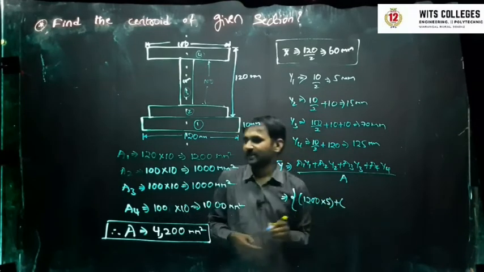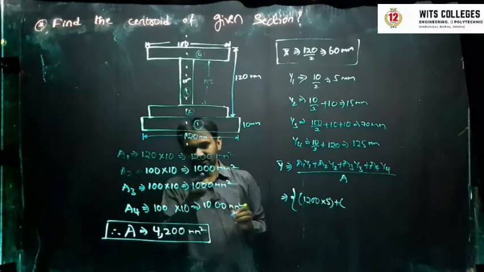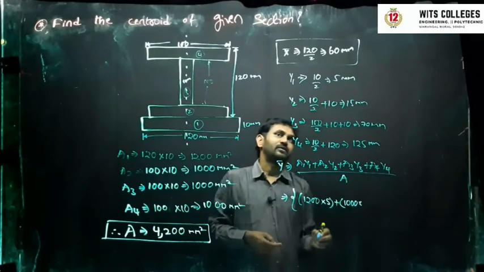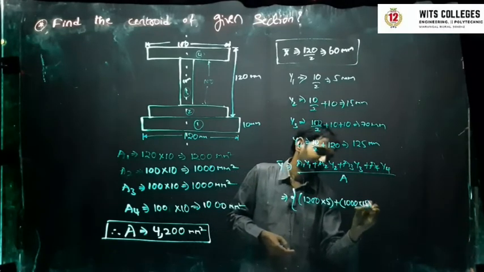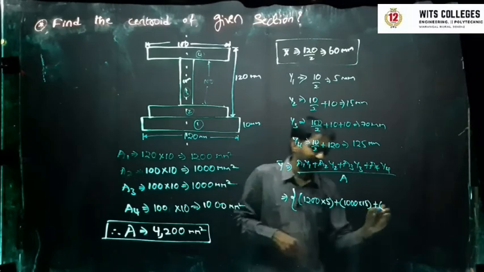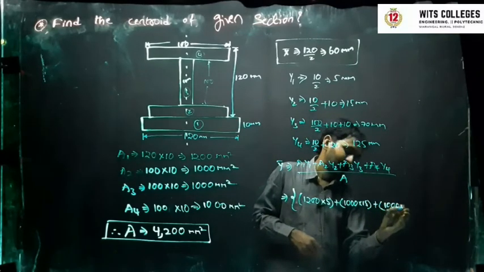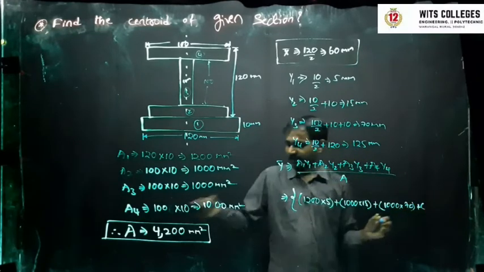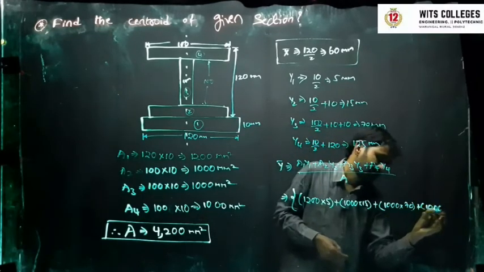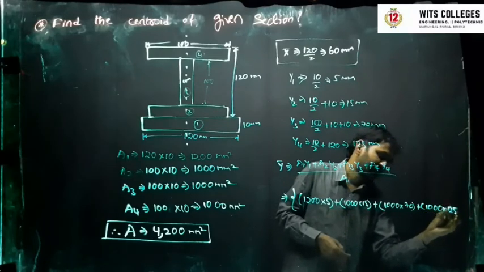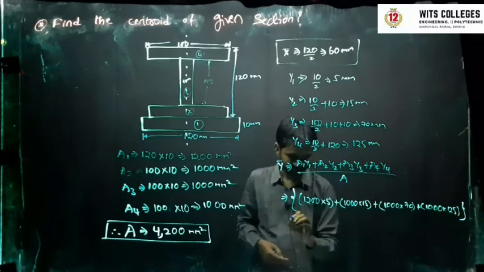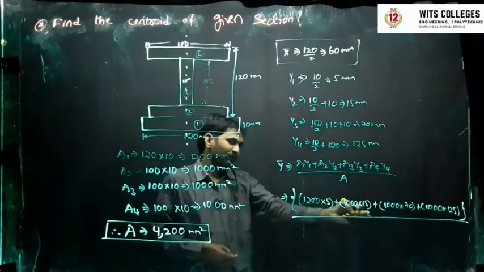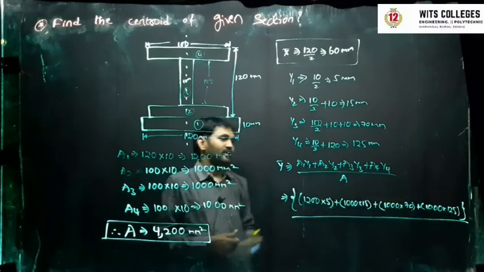Plus the A2 value, which is 1000, into the y2 value, 15, plus the A3 value, also 1000, into 70, plus the A4 value, 1000 again, into 125. So this is my entire A1y1, A2y2, A3y3, A4y4.